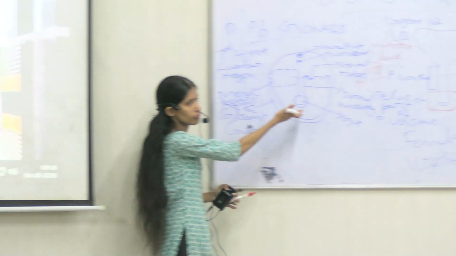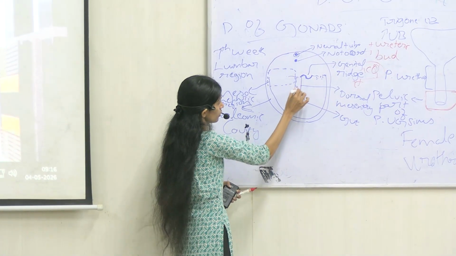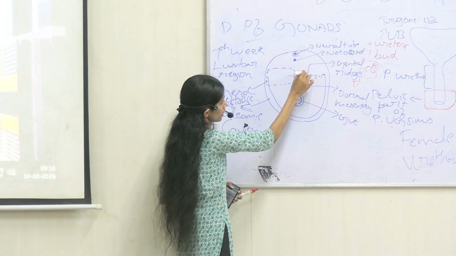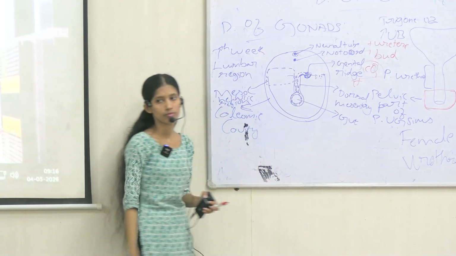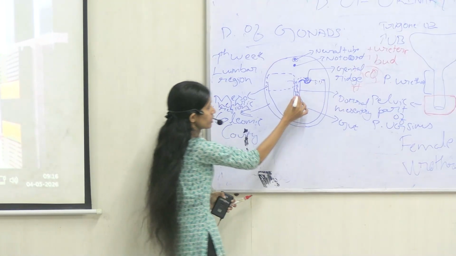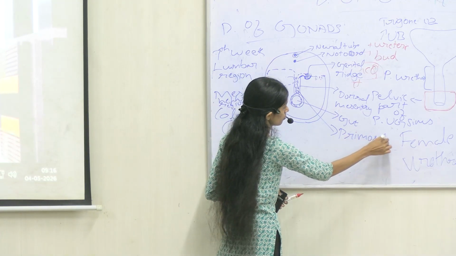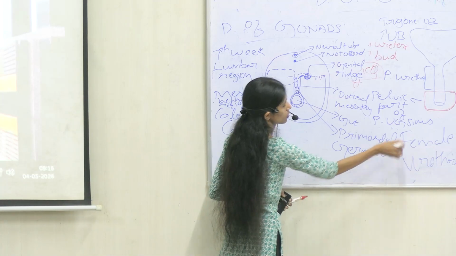From your gut region, few cells will start moving and reach into your genital ridge. These cells are called primordial germ cells.